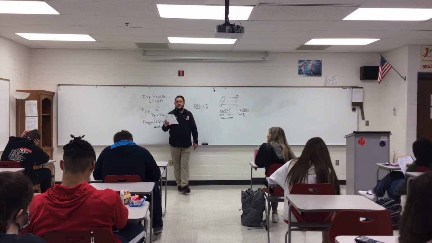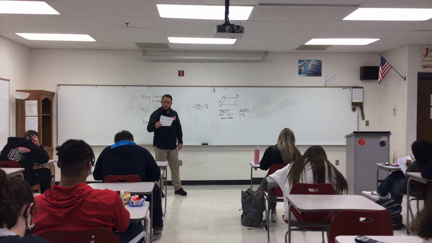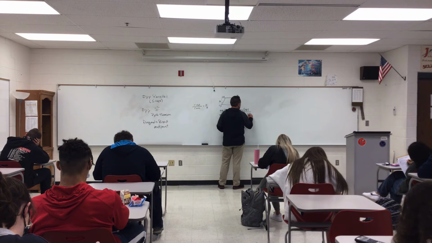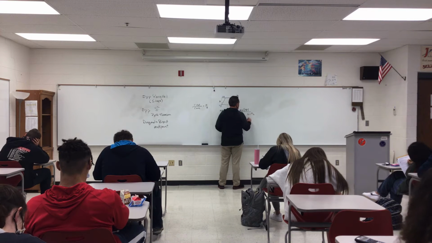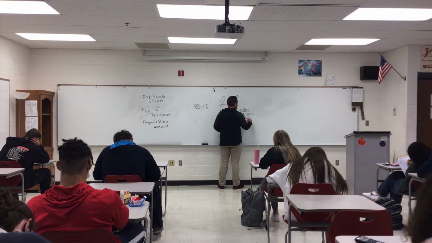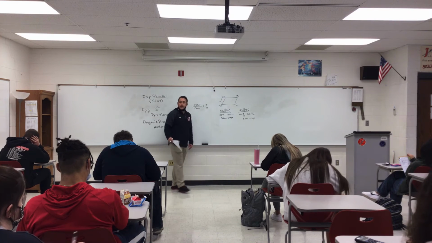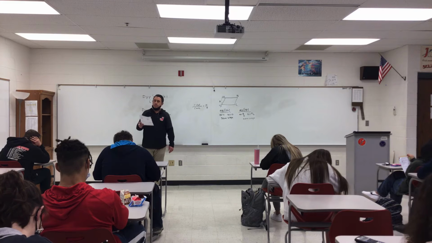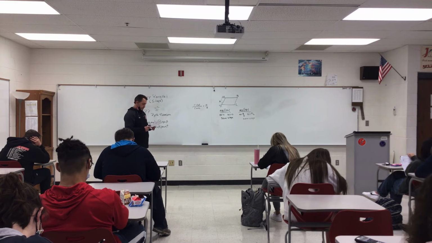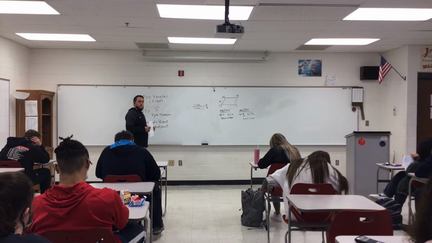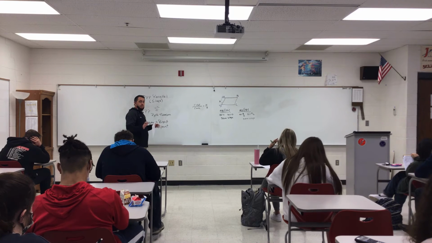So the slope of AD is 3/2. BC is also 3/2. So they have the same slope. So we have shown that this is a parallelogram because opposite sides are parallel. Okay, is everybody good on that one?